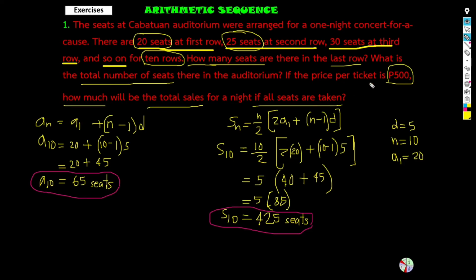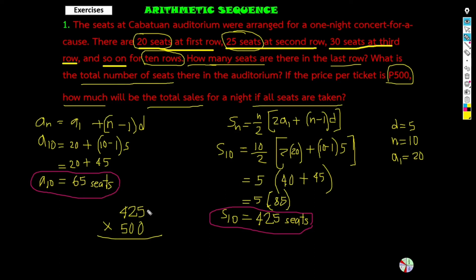So we just multiply 500 pesos to the answer in s sub 10, which is 425 seats. So we will multiply 425 by 500 pesos.